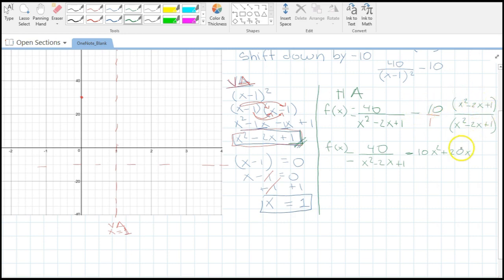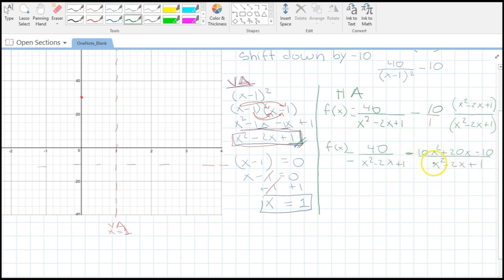Negative 10 times a positive 1 gives me a negative 10. All this is going to be over the same trinomial, because anything multiplied by 1 gives you the same thing. I don't actually need that parenthesis. x squared minus 2x plus 1.